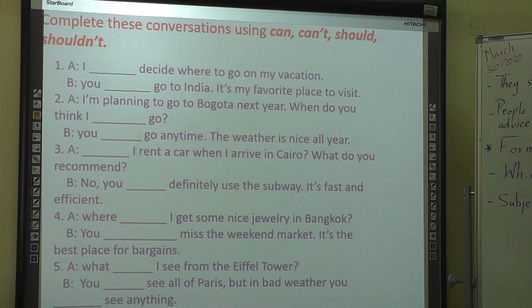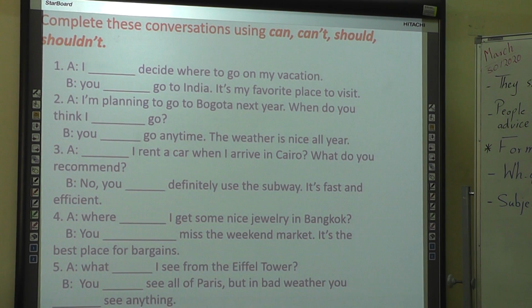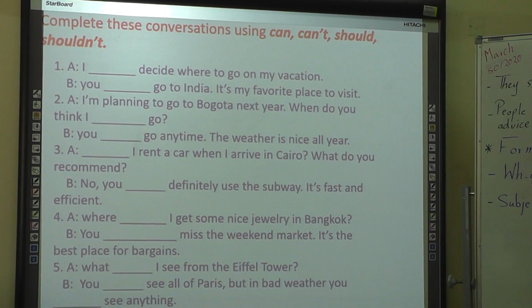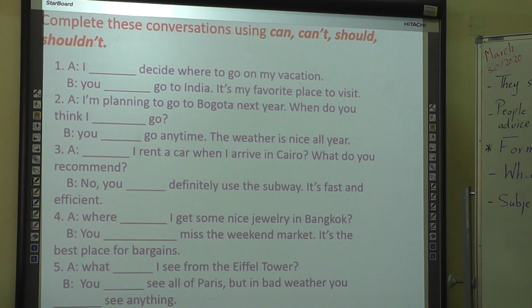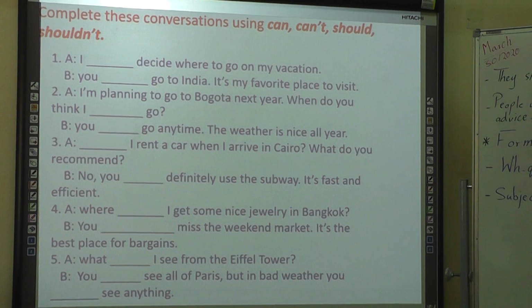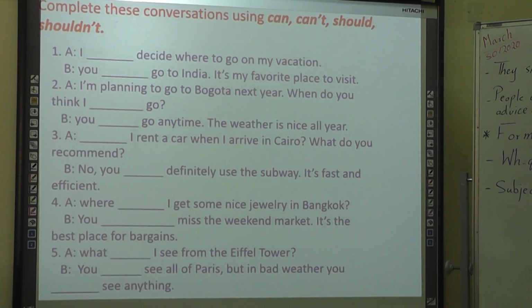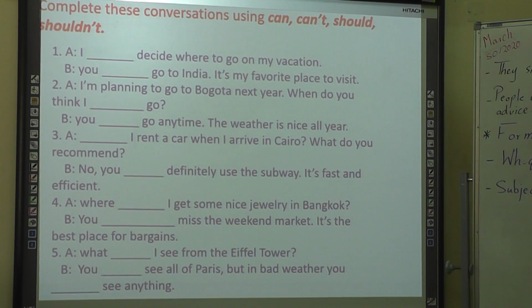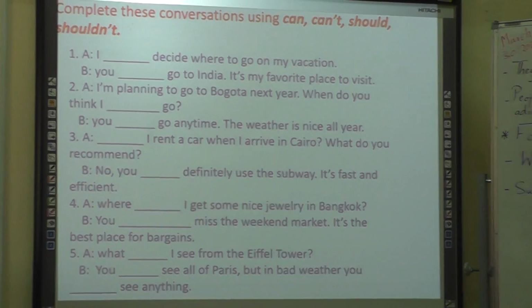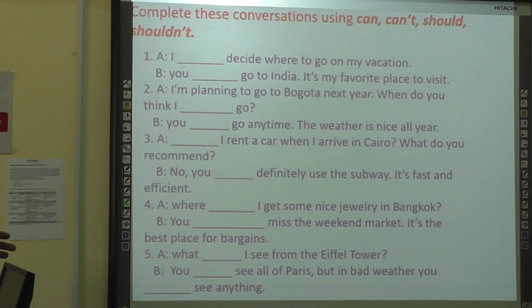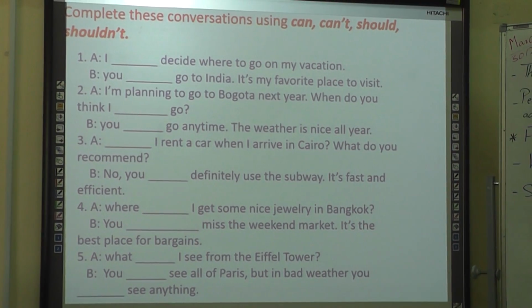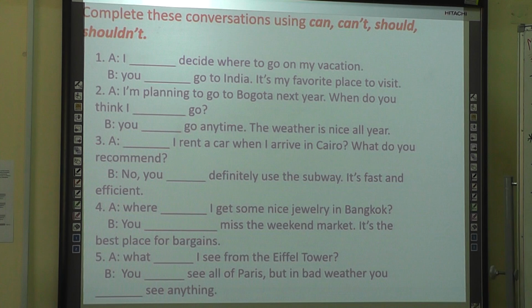3, blank I rent a car when I arrive in Cairo? What do you recommend? No, you blank definitely use the subway. It's fast and efficient. 4, where blank I get some nice jewelry in Bangkok?